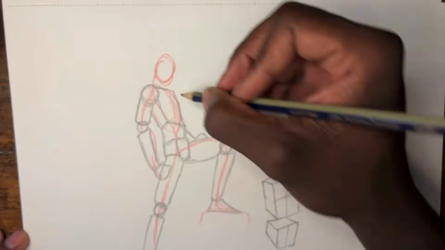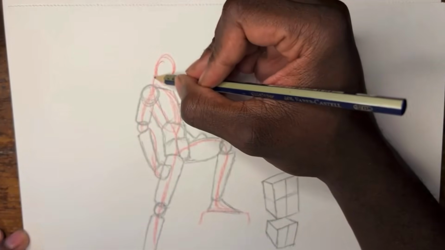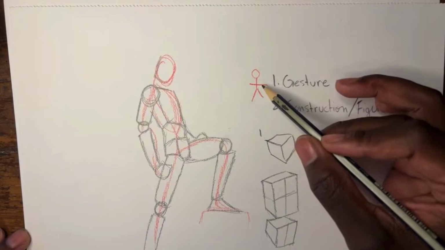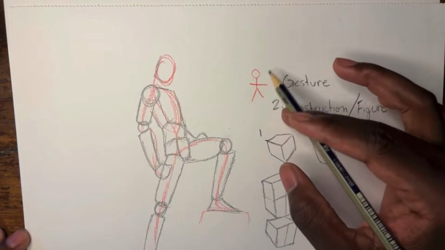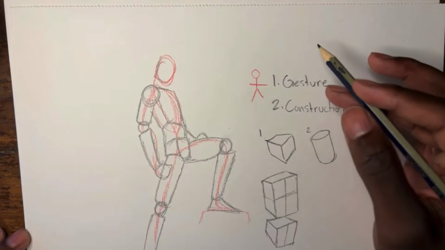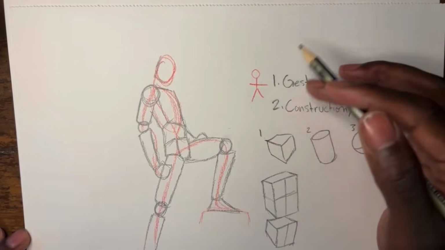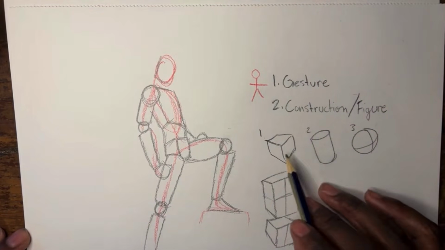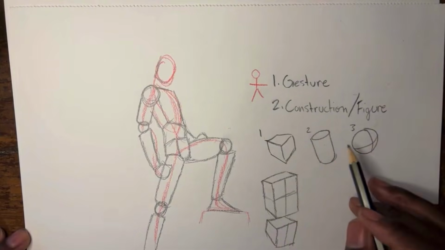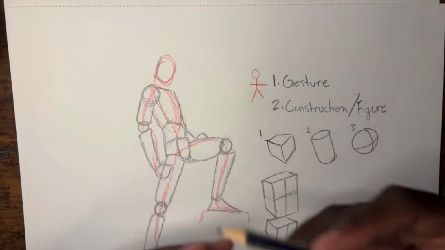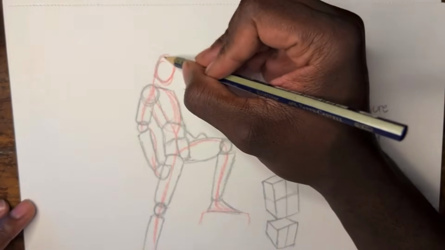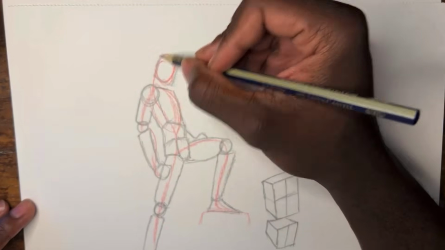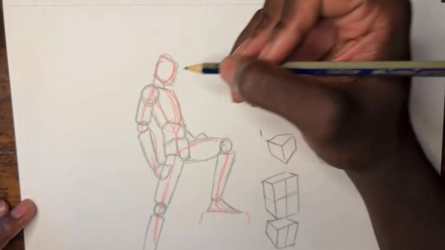So boom, we have simplified the body just by using our advanced stick figure, which is a gesture drawing, and our construction, which is taking these 3 very important shapes and putting them together to create form. So let's draw a box for the head, and got the neck here.